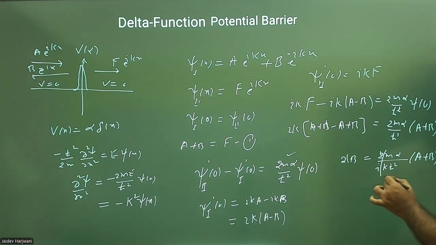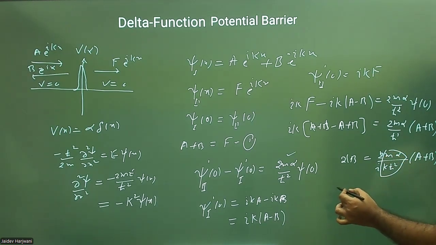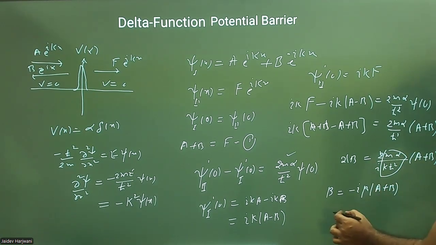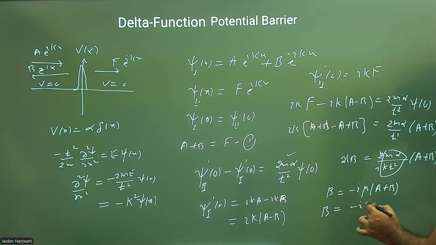And if I am writing this as beta, so this becomes b equals to minus iota beta (a plus b), and from here b becomes minus iota beta a upon 1 plus iota beta.